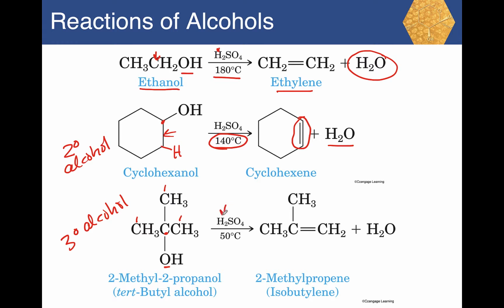In the presence of an acid and heat, this time it's only 50 degrees. We get water coming off, elimination of water, and the double bond. So again, alcohols that are tertiary react faster, more favorable, and require lower temperature for elimination compared to a primary, which reacts much slower and needs a much higher temperature for the elimination of water.